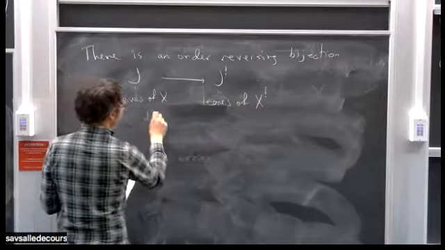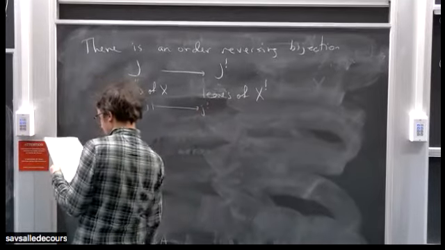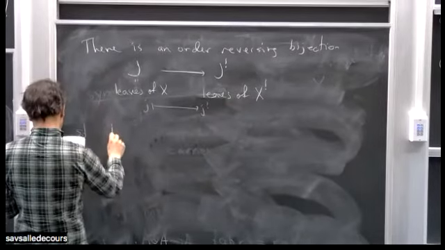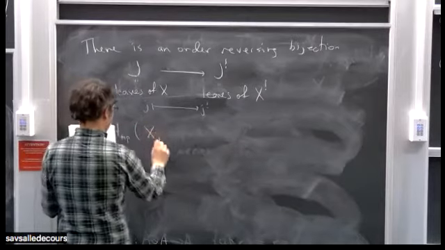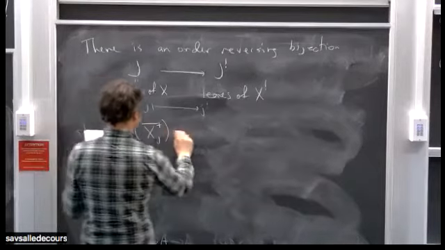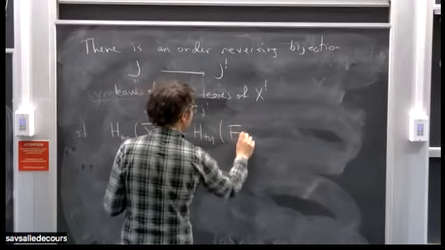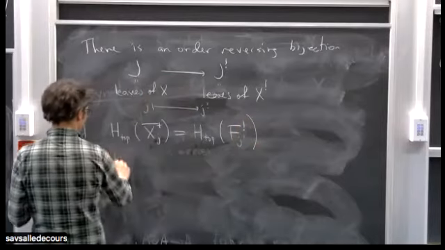And I'll write this bijection J goes to J shriek, such that the topology of X squared plus is isomorphic to the topology of the fiber at J shriek. And vice versa.